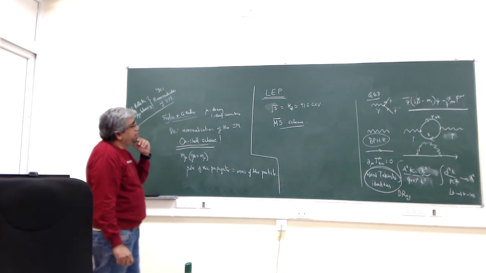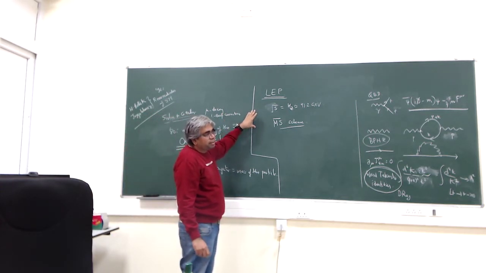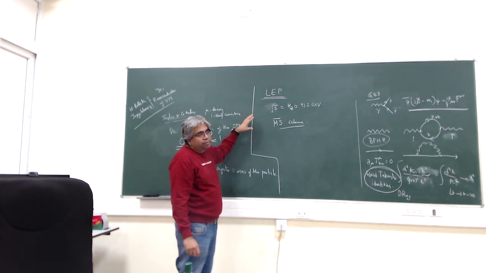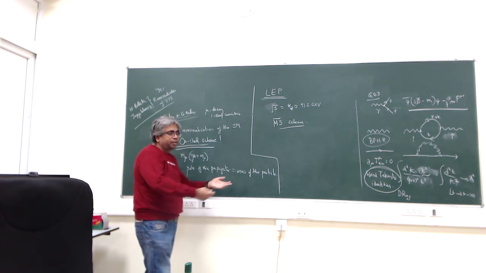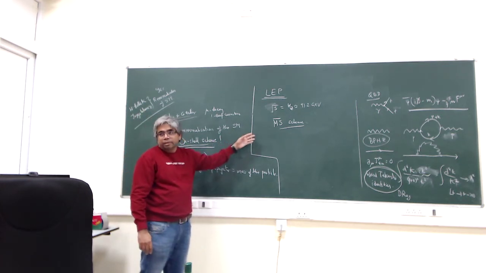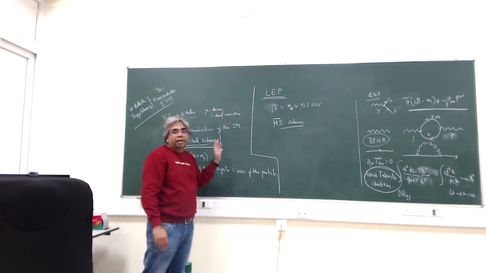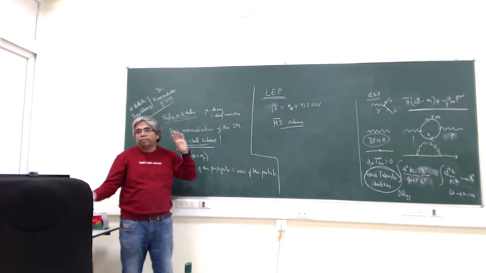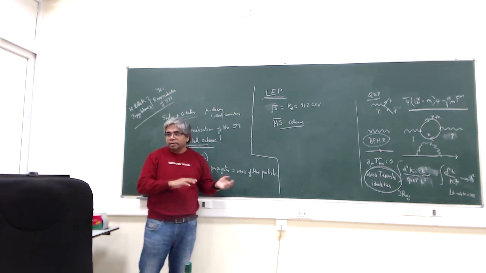While the on-shell scheme was good for masses, for couplings and other things it is better to use the MS bar scheme. Now everything is in MS bar. You can convert from one scheme to another by some formulas. Some calculations are done in MS bar and some in on-shell. Typically, the renormalization effects when you move from one scheme to another are called threshold corrections.